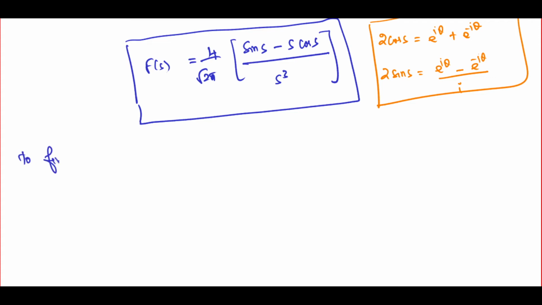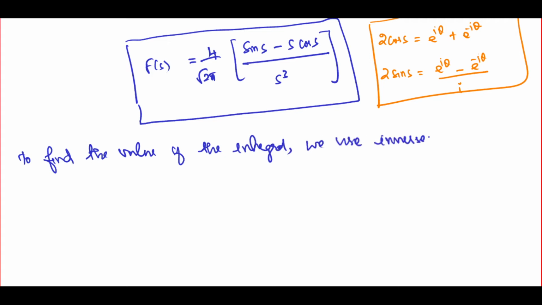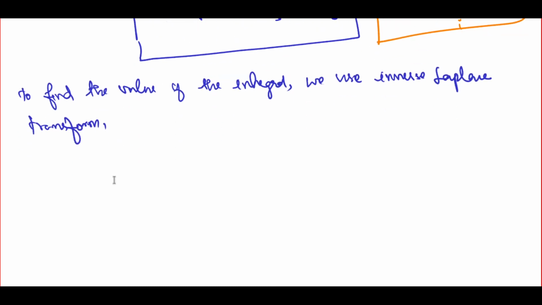So to find the value of the given integral, we use the inverse Fourier transform, meaning we'll write f of x as 1 divided by square root of 2 pi into the integral from minus infinity to infinity of the Fourier transform of f of x into e to the power minus isx into dx.